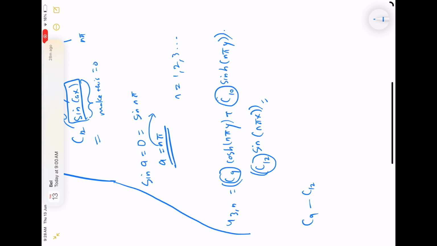When the question asks you for the eigenvalue and also the eigenfunction, I explained this before.